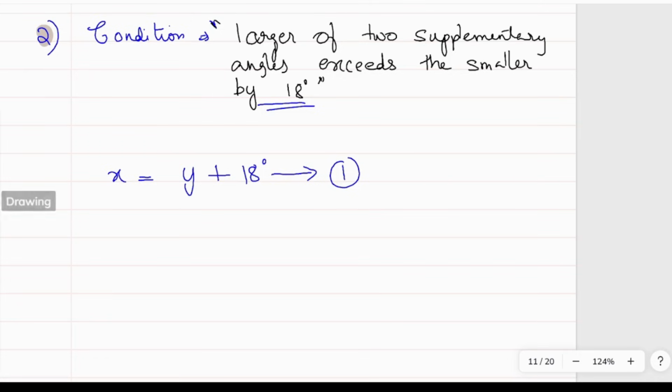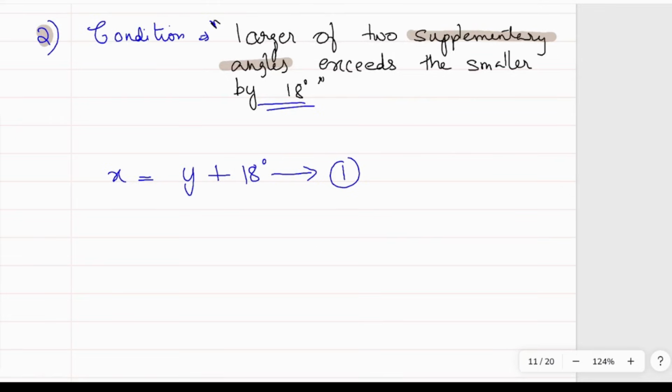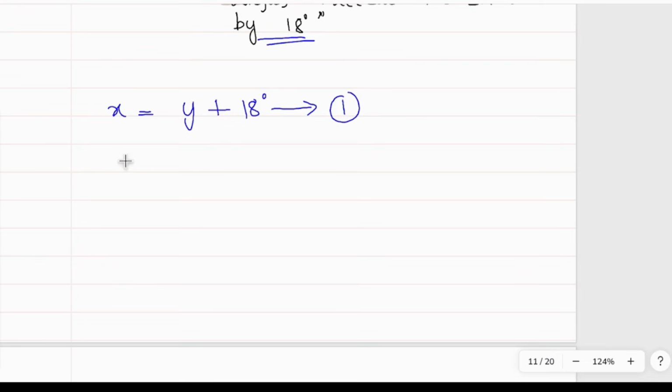Now one more thing is given in the question. They are telling that this is a supplementary angle, right? As I told, what is the definition of a supplementary angle? x plus y is going to be 180 degrees. So I'm going to give it as equation 2. Now I got two equations.